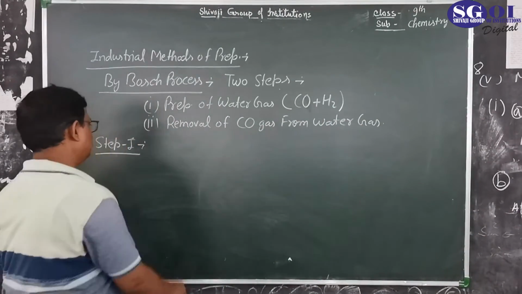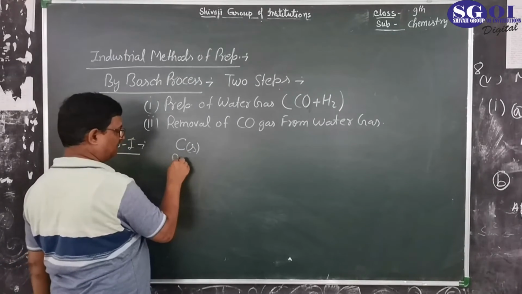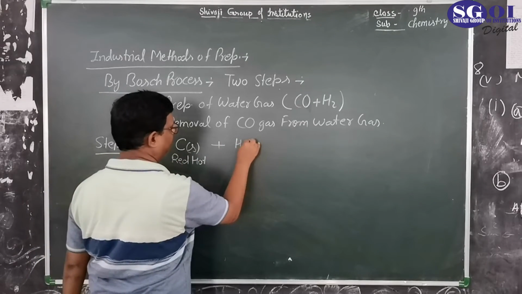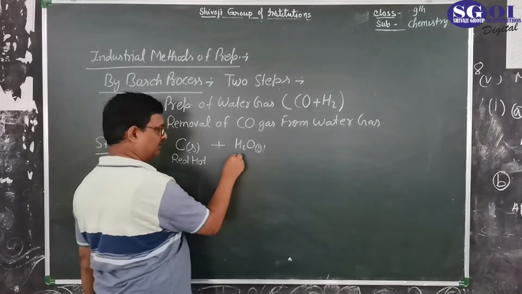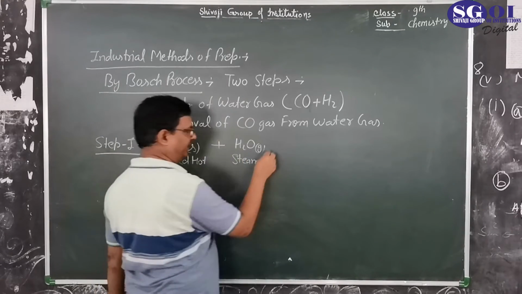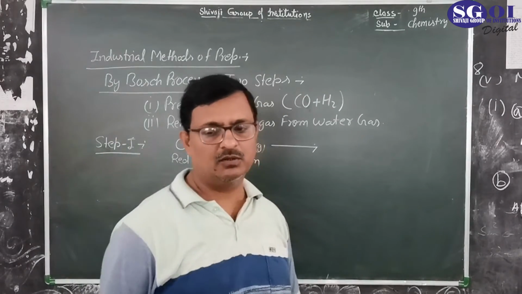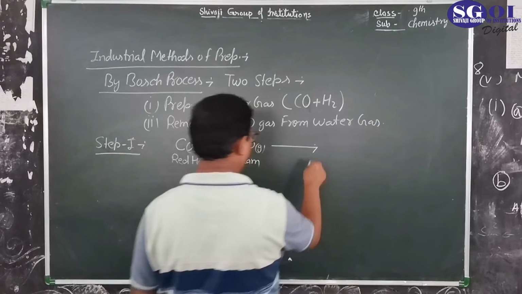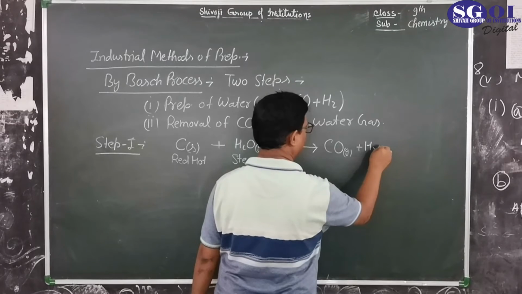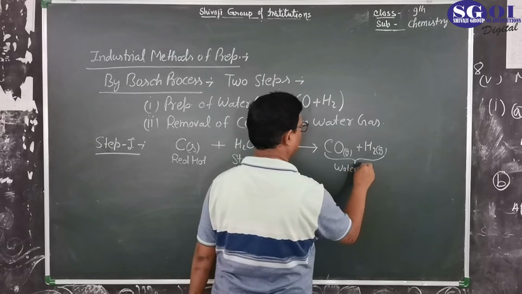Reaction: carbon, solid, red hot, and steam, in the form of gas. Superheated steam passed over the red hot coke gives a mixture of carbon monoxide gas and hydrogen gas, commonly called water gas.